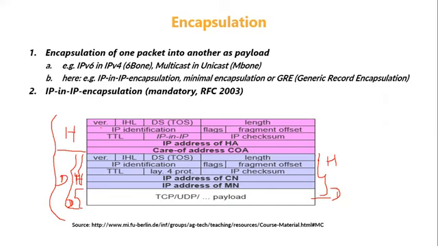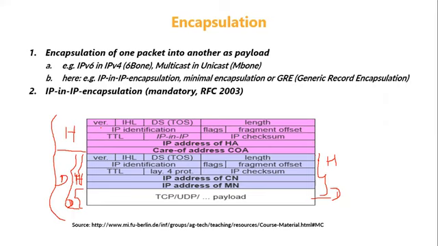This means that the whole tunnel is considered as a single hop from the original packet's point of view. This is important because it allows the MN to behave as if it is attached to the home network.